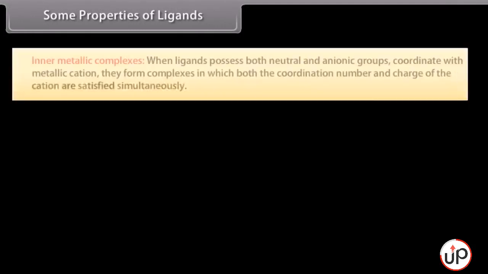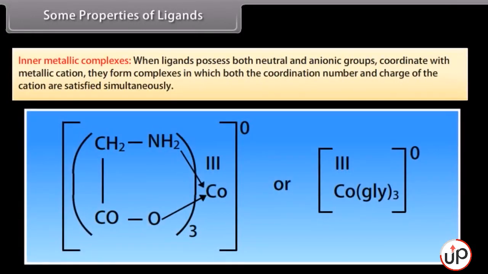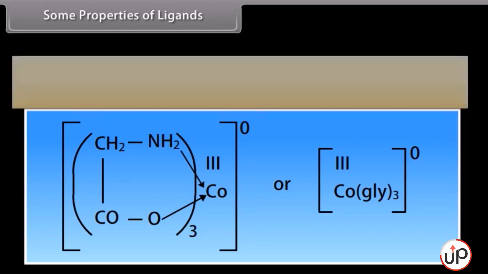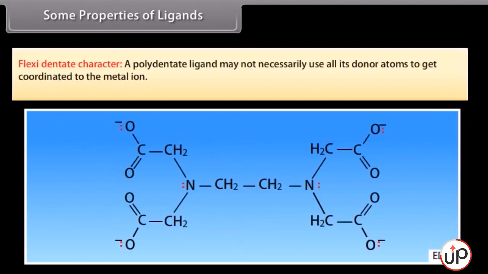Some properties of ligands. Inner metallic complexes. When ligands possess both neutral and anionic groups, coordinate with metallic cation, they form complexes in which both the coordination number and charge of the cation are satisfied simultaneously. Flexidentate character.